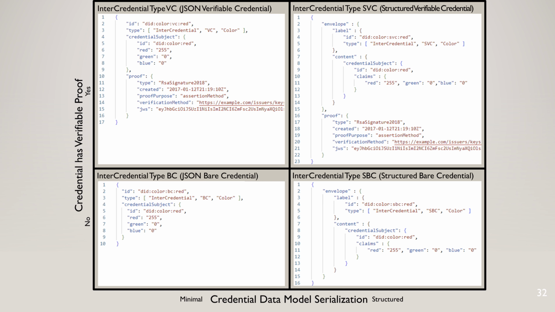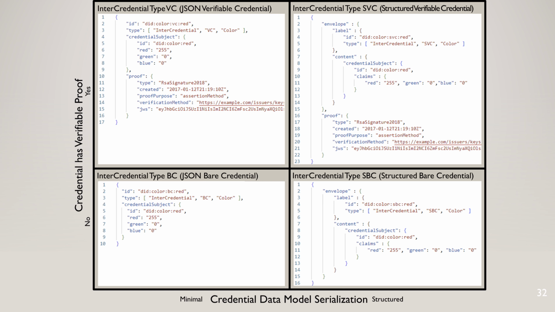You can see that it has an ID and a type and a credential subject, and then a list of 4 attributes, one being the identifier for the subject, the intensity of the red, the intensity of the green, and the intensity of the blue. Above that is a transformation of the bare credential into a verifiable credential, again rendered in JSON format. And so it's really just the addition of the proof in lines 10 through 16.